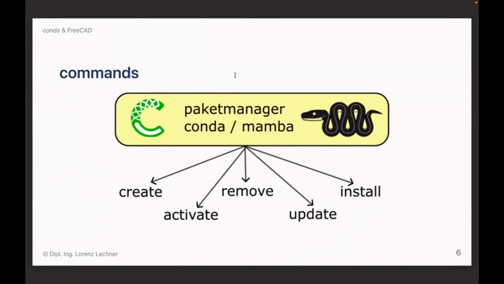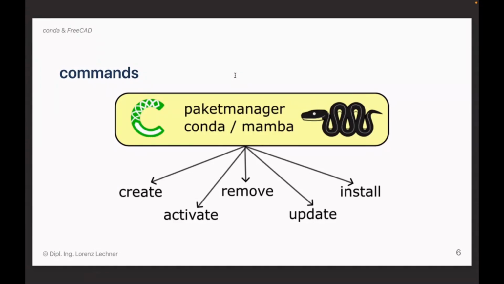Now, what can you do with the package manager? What are the commands you can use in the command line with the command line tool? You can create environments. You can remove or install packages.